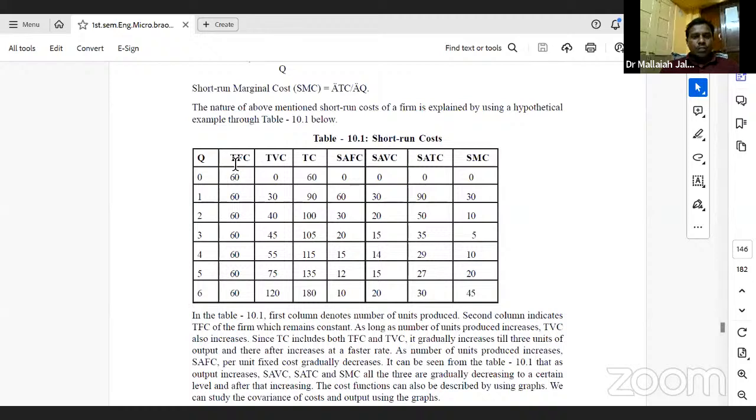First one is total fixed cost, this one is total variable cost, this one is total cost, and this one is short run average fixed cost, short run average variable cost, short run average total cost, short run marginal cost. See the differentiation. Short run marginal cost.